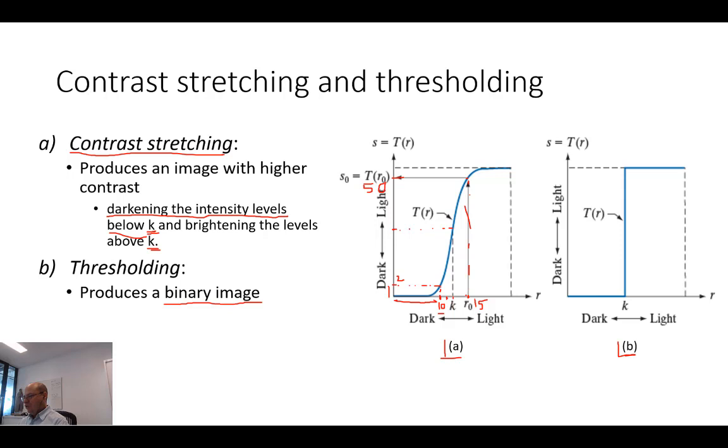So it's going to be quite bright on the output image, whereas this other pixel, which is not that dark and not that bright but below the threshold K, is going to be mapped to a much darker pixel value. This is the operation of contrast stretching.